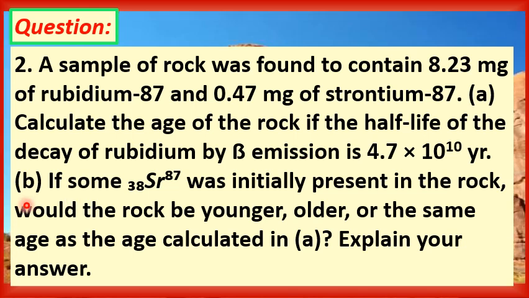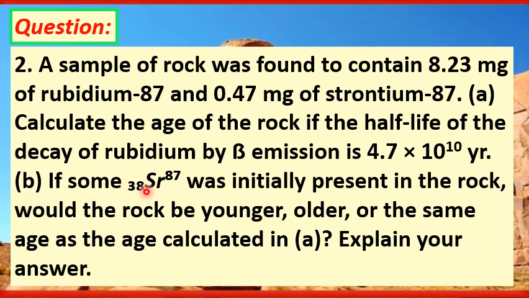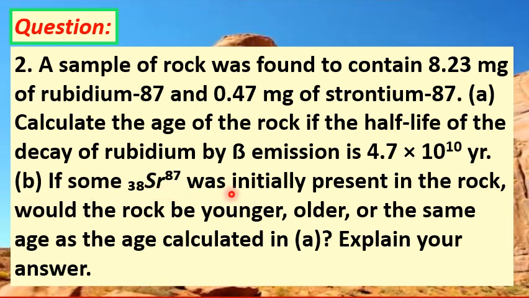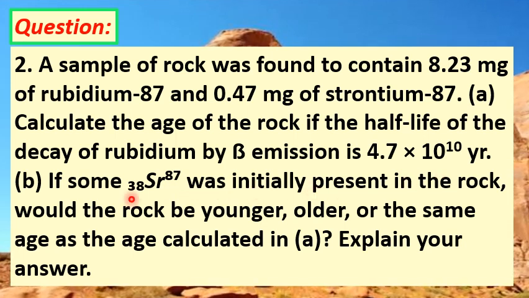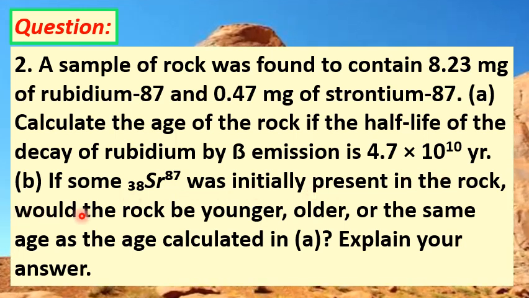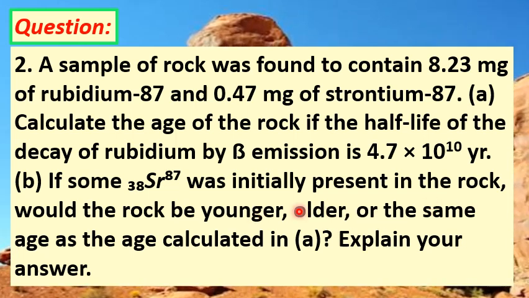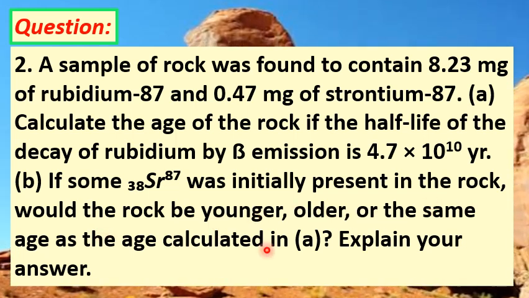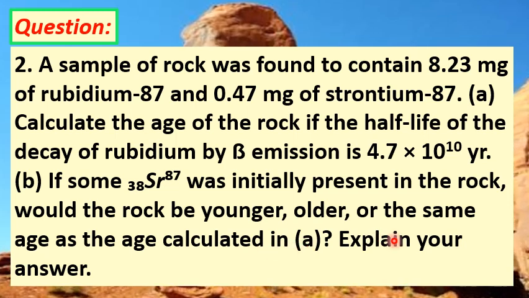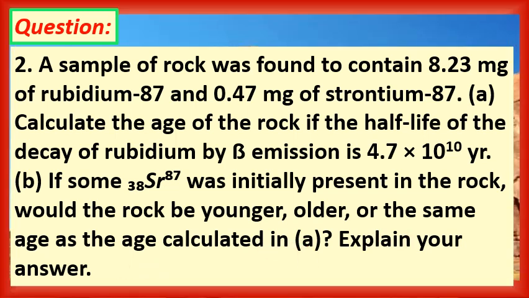Question letter B, if some strontium-87 was initially present in the rock, would the rock be younger, older, or the same age as the age calculated in part A? Explain your answer.